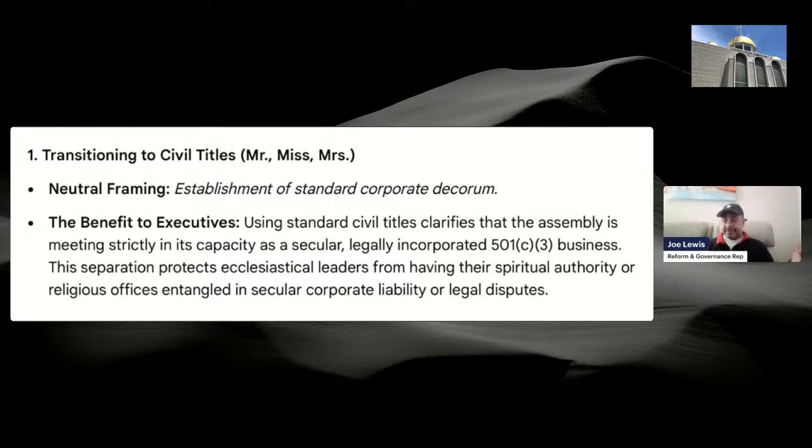Remember, like a board of directors, everyone in there is equal. You have nobody that is a subordinate to anyone else. So that's the transition to civil titles. Instead of pastors, council, apostles, elders, bishops, all of that stays over there. It is a clean-cut separation from the religious practices.